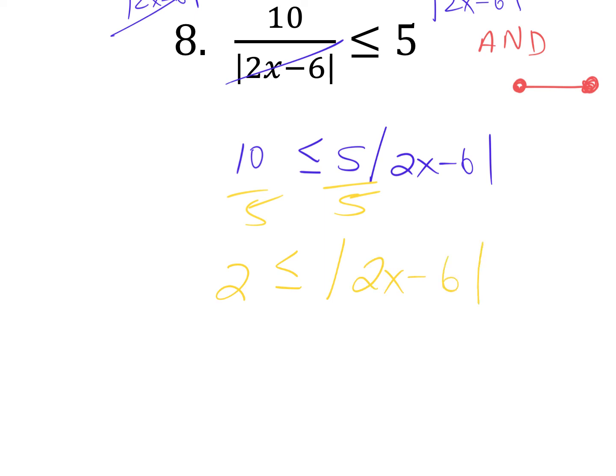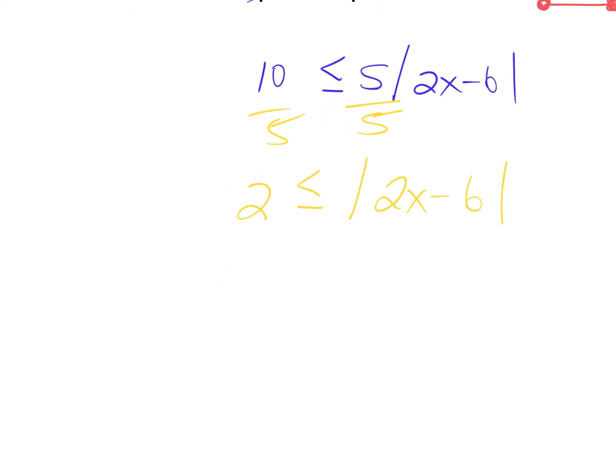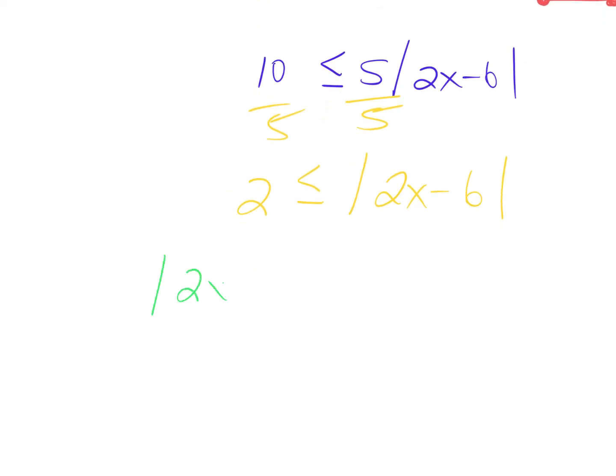What's the problem with this? Why don't we like this? The x is on the right-hand side. We don't like when the x is on the right-hand side. Whenever you have the x on the right-hand side, I've told you guys, you want to switch it. You want to rewrite it. When I rewrite this as the absolute value of 2x minus 6, read it backwards. 2x minus 6 is what? Greater than or equal to what? 2.